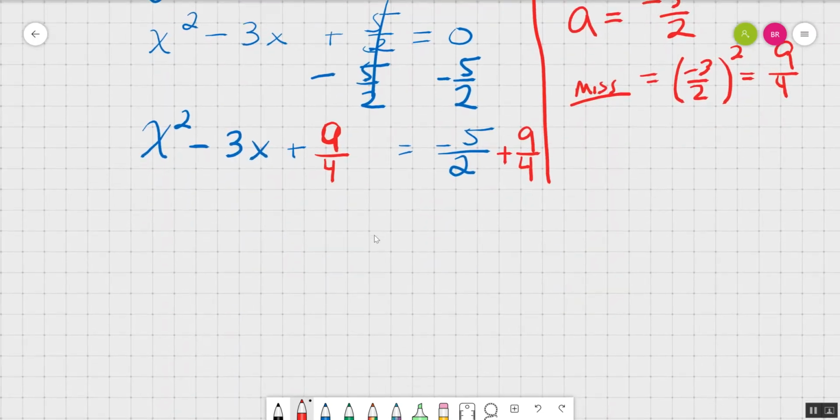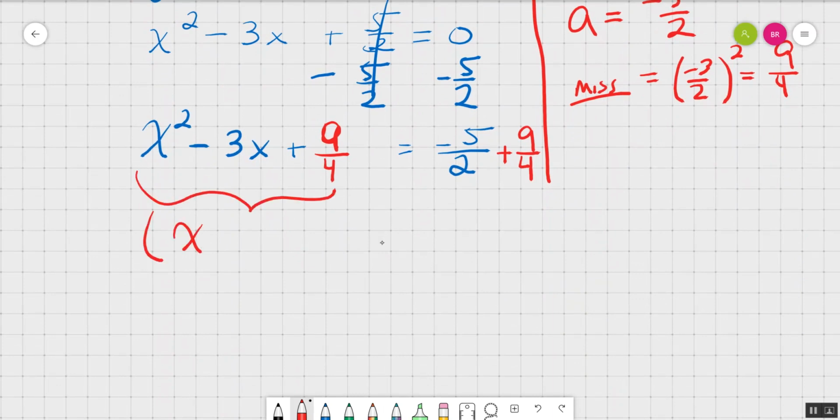Now on the other side, I've got some fractions. So on this side, we're going to combine that into a perfect square trinomial, x minus the value of a, which is 3 over 2, squared. Let's make that a minus sign, because that looks a little bad. Equals fraction time. So I got negative 5 halves.